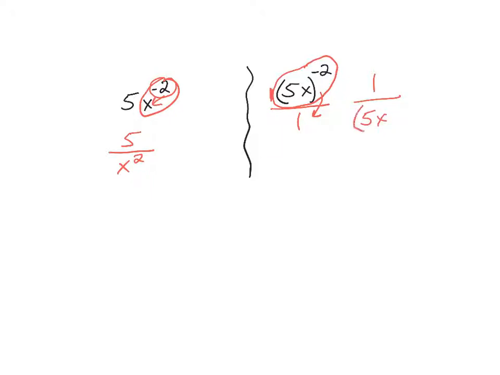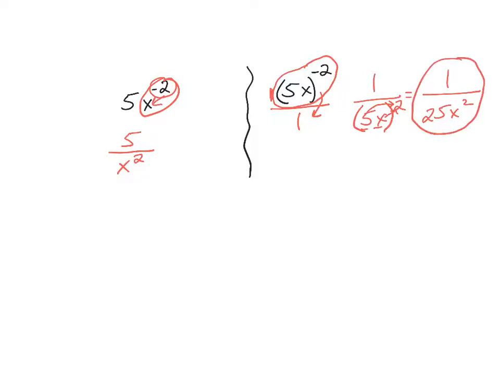Once again, I'm going to put that inside the parentheses, and it's to the 2nd power. Now I have a power, so I have to take both of these factors to the 2nd power. 5 squared is 25. I have x squared, so I have 25x squared, and the final answer to this one is 1 over 25x squared.